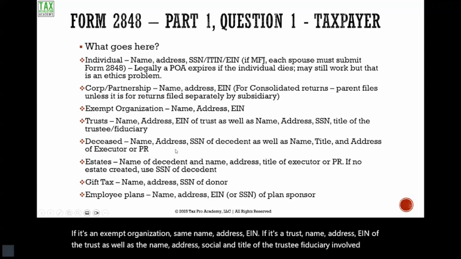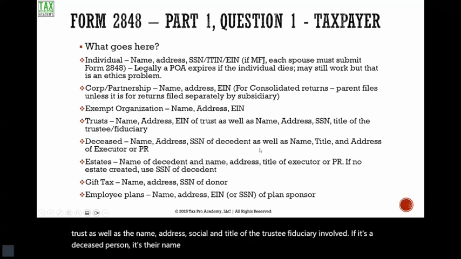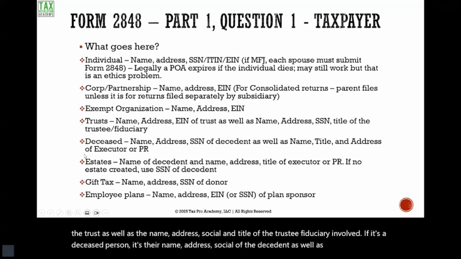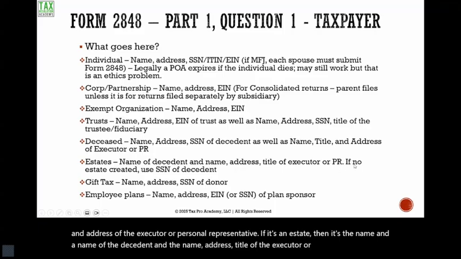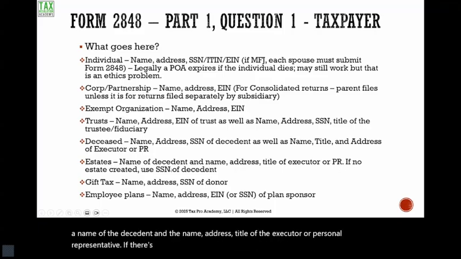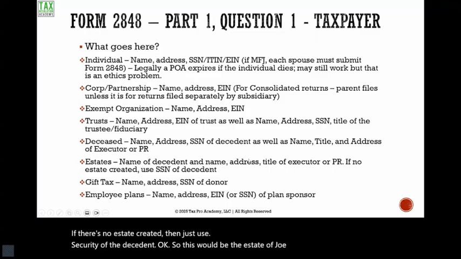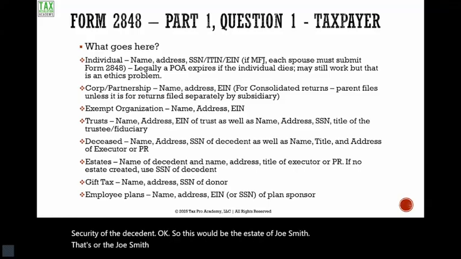If it's a deceased person, it's their name, address, social of the decedent, as well as the name, title, and address of the executor or personal representative. If it's an estate, then it's the name of the decedent and the name, address, title of the executor or personal representative. If there's no estate created, then just use the social security number of the decedent. Okay, so this would be the estate of Joe Smith, or the Joe Smith estate is usually how it's worded.